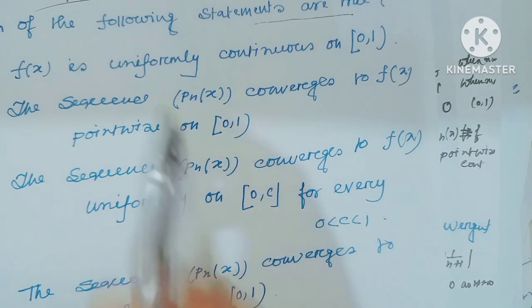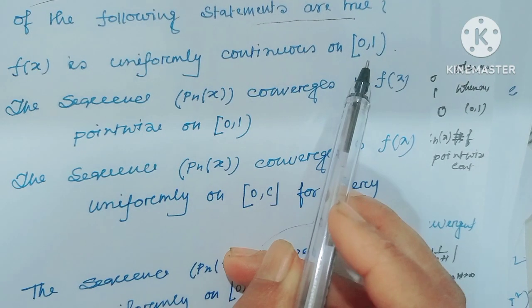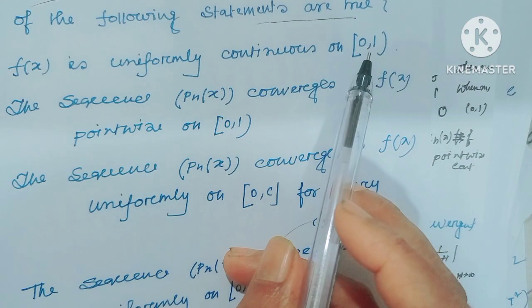Option 1 says f(x) is uniformly continuous on [0,1).